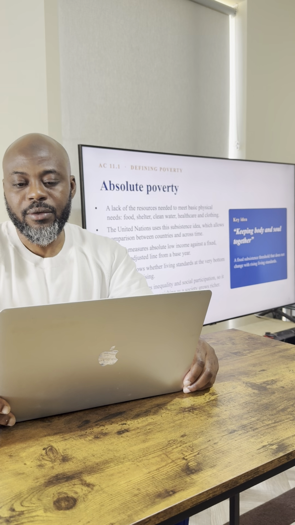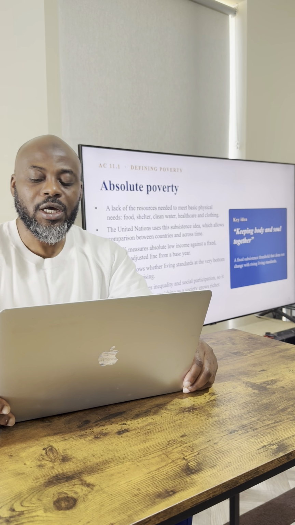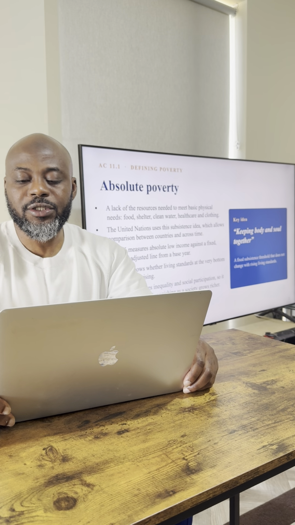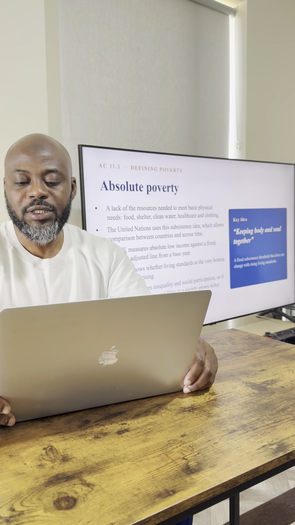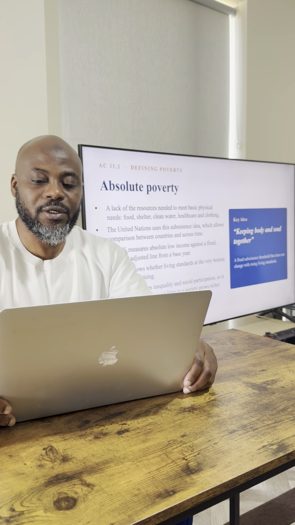In the UK, it is measured using a fixed income threshold adjusted for inflation. The measure helps show whether living standards are improving, but it does not reflect inequality or whether people can fully participate in society.